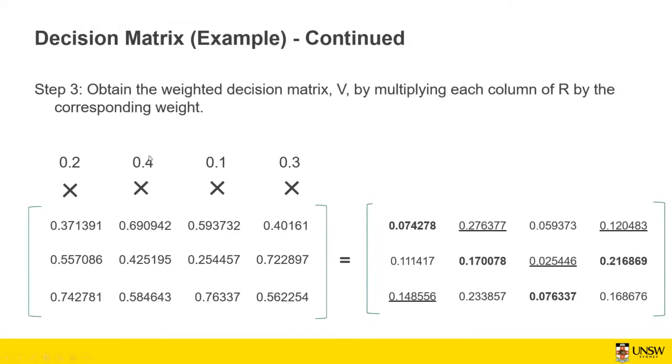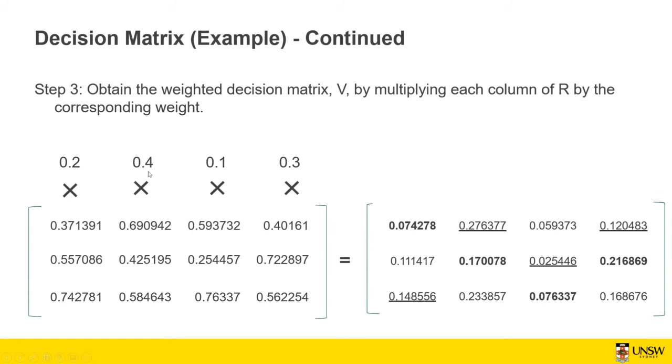Some criteria are more important than the others. For each criteria, C1, C2, C3, and C4, we want to put the weight on that. So let's say that criteria 1 got 20% weight, so we want 0.2 here.